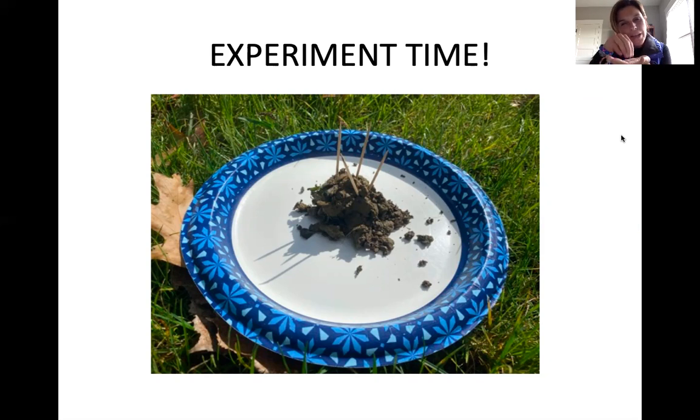So maybe not all the way down to the plate, but a little bit. Then you're going to start adding water, and you're going to dump right on top of that soil and see what happens to those toothpicks and that soil. So if those toothpicks are plant roots, if there's too much water, what happens to the soil? What happens to those plant roots?